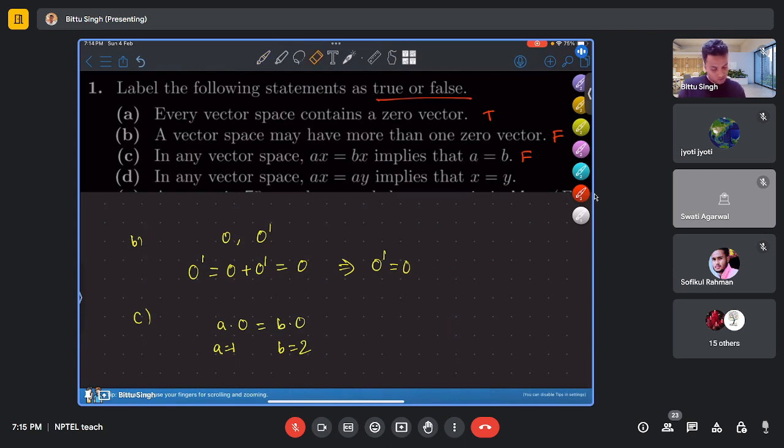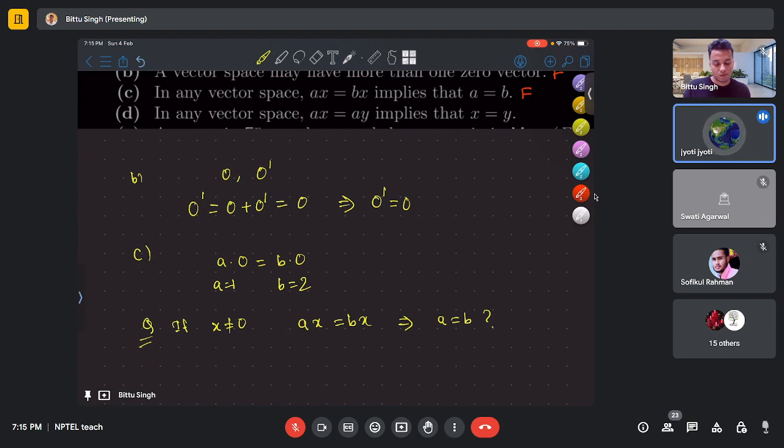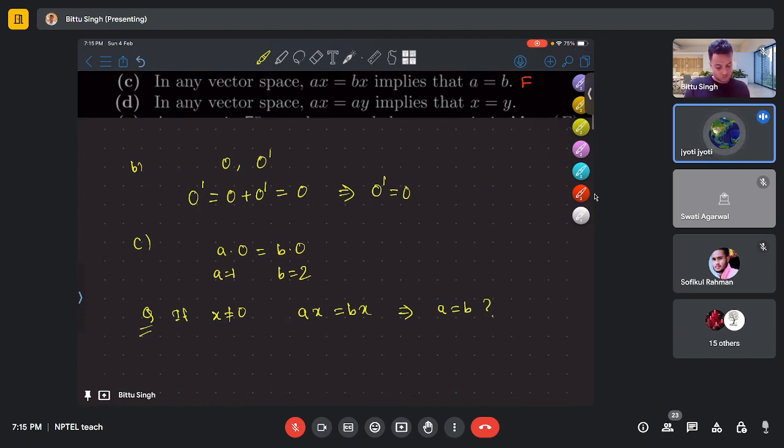But suppose another condition is given: suppose X is non-zero. If X is non-zero, then Ax equal to Bx, does this imply A equal to B? Yes. If x is non-zero, then the inverse must exist.